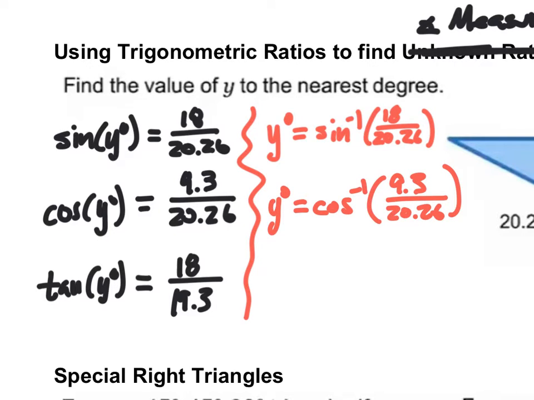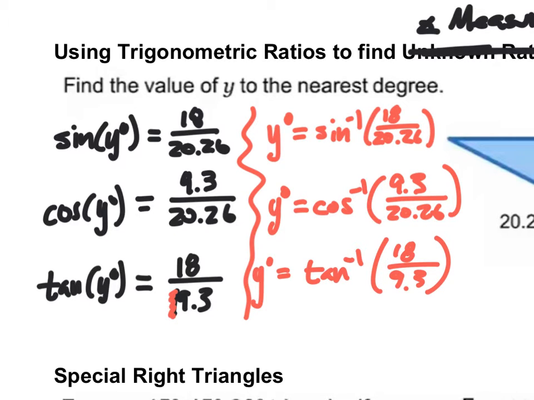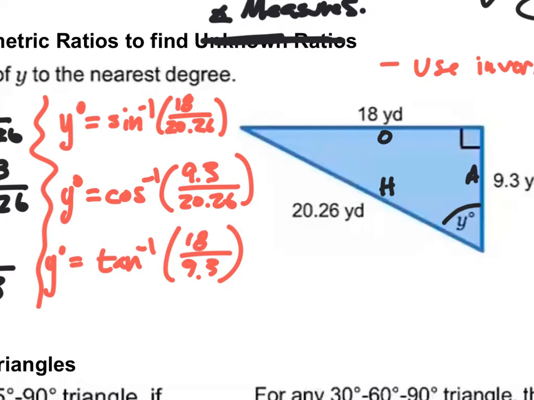If I were to use my tangent function, I would say that y degrees is equal to tangent inverse of 18 over 9.3. This should be a 9.3, not 19.3. And if I plug all of these into my calculator, then I would be able to evaluate this and find my angle measure.